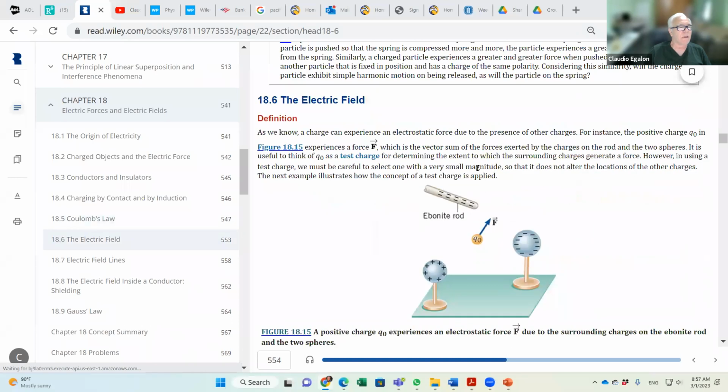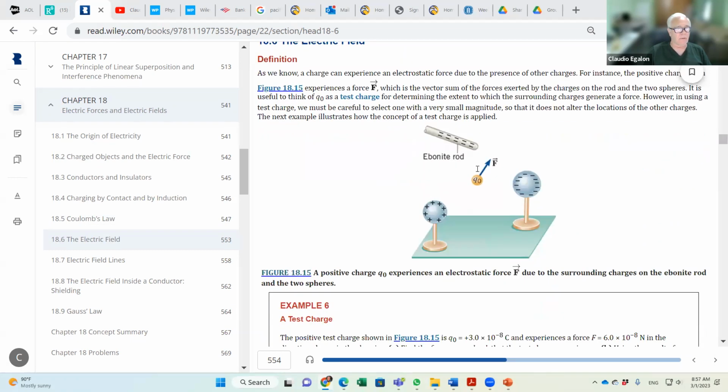So the electric field, okay. We have a question on the electric field in the quiz. So the electric field is something that's derived from the force. Whenever you put an electric charge close to another one, this electric charge is going to feel a force.